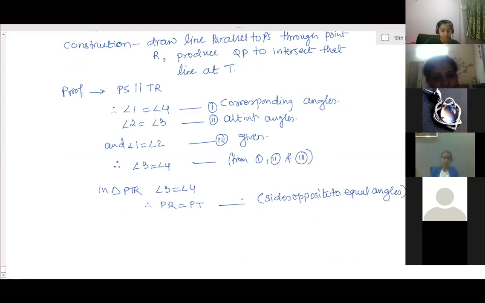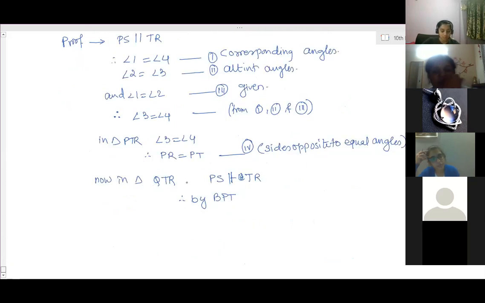Now, in triangle QTR, PS is parallel to TR. Therefore, by BPT, QS by SR is equal to QP by PT.